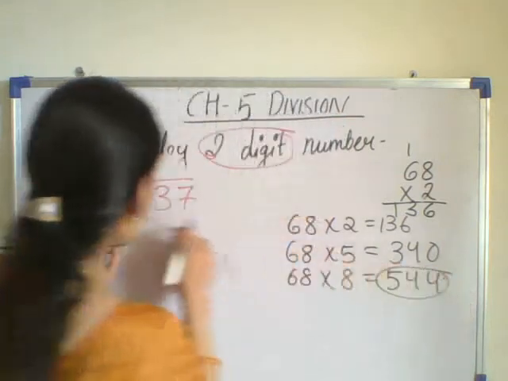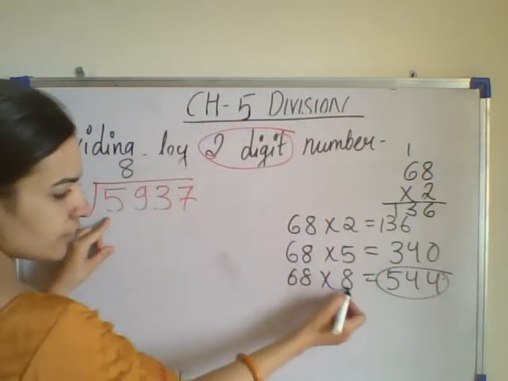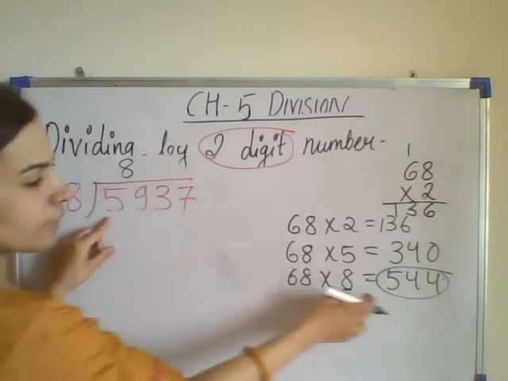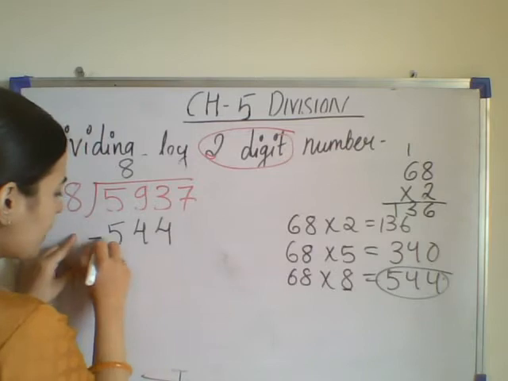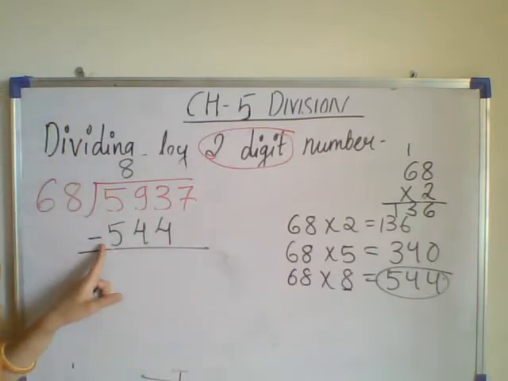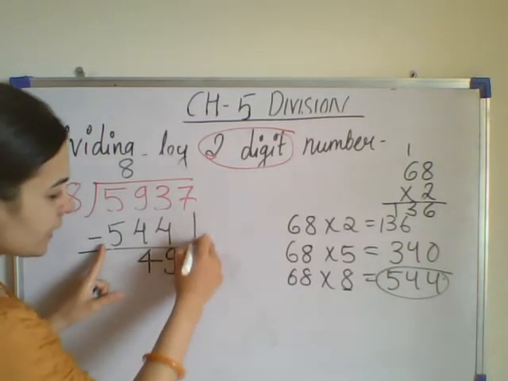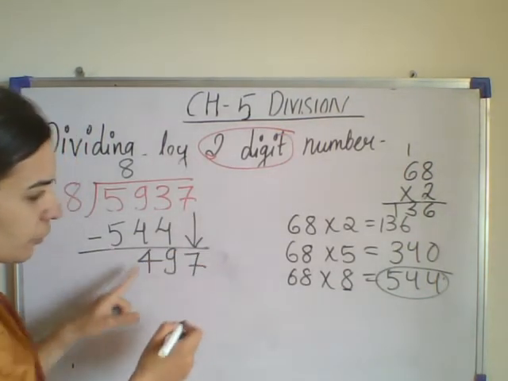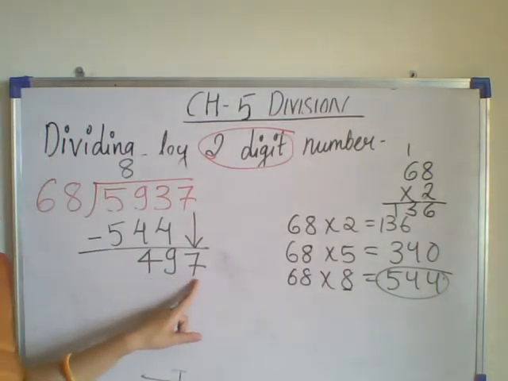So this number is close to 593. So we can write 8 up here, and 544 here. Now you have to subtract 544 from 593. So you will be getting 49 and this 7 will move down. So here it comes 497.